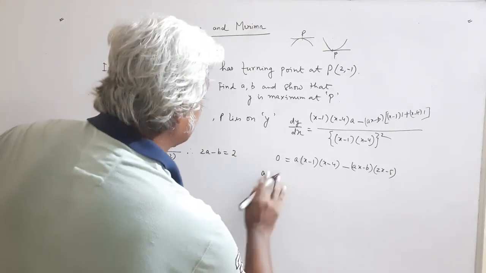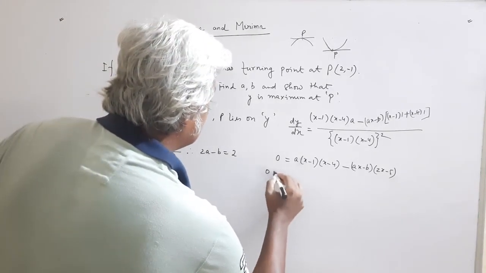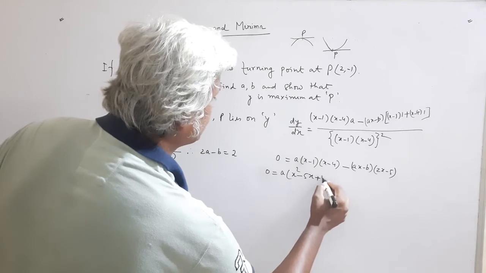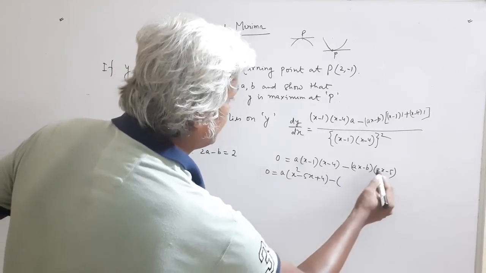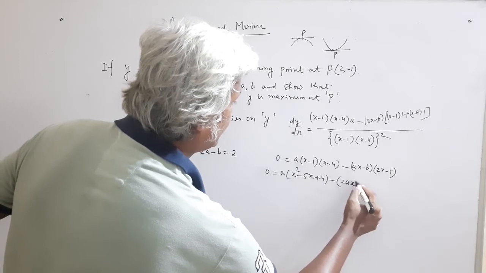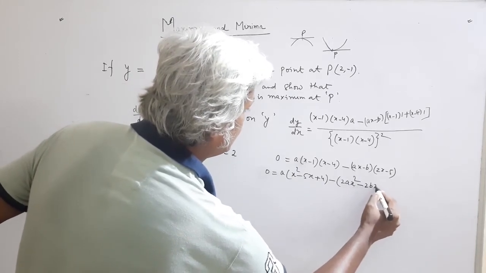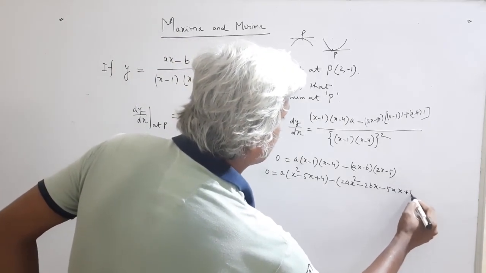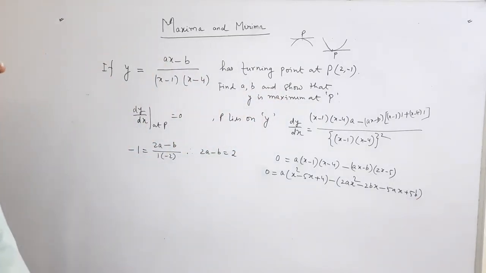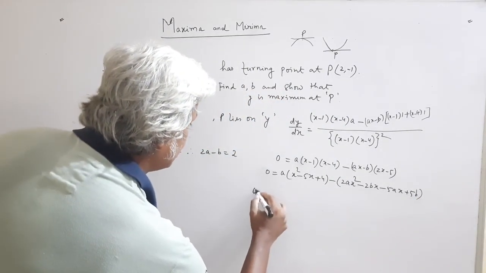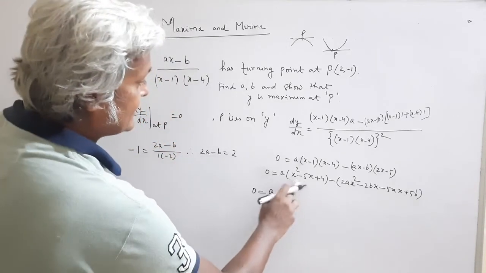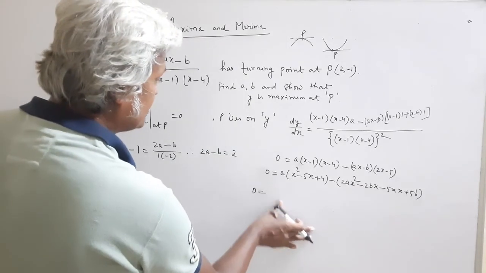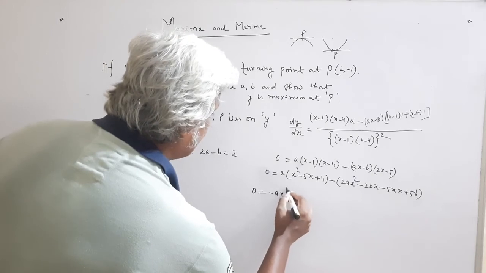So what you see, 0 is a times this, which is simply x square minus 5x plus 4, minus this one, which is 2a x square minus 2bx minus 5ax plus 5b. Then I try to keep the similar terms together. So 0 equals, this is ax square and this is minus 2ax square, so ax square minus 2ax square will be just minus ax square.